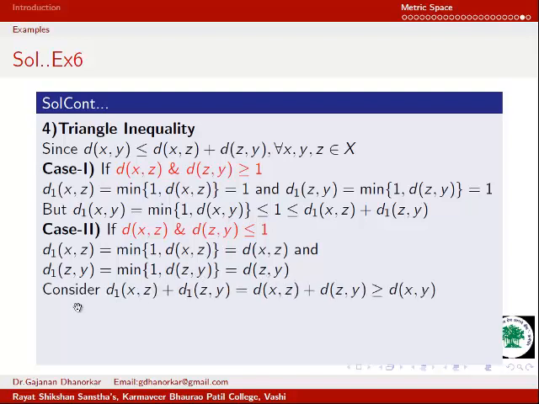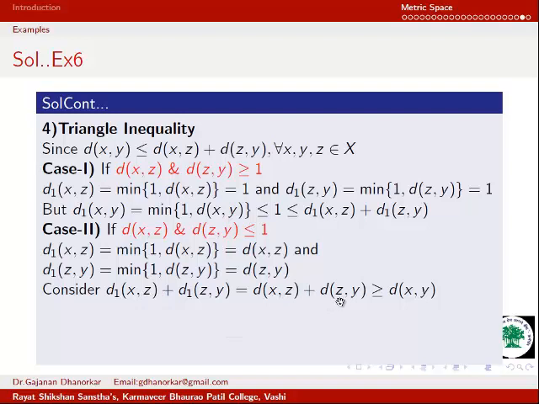Now I will consider d1 of xz plus d1 of zy, which is equal to d of xz plus d of zy, because d1 of xz is d of xz, and d1 of zy is nothing but d of zy. Therefore I put this number here and this number here.